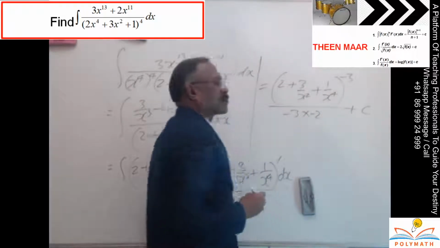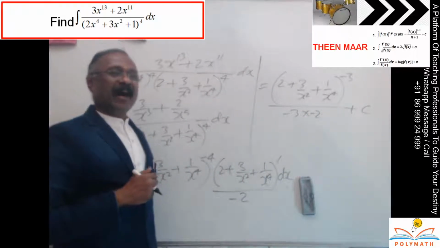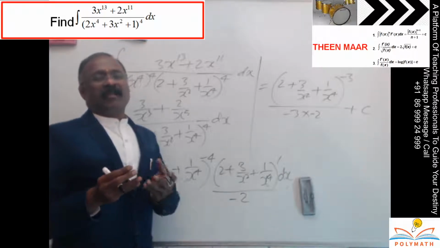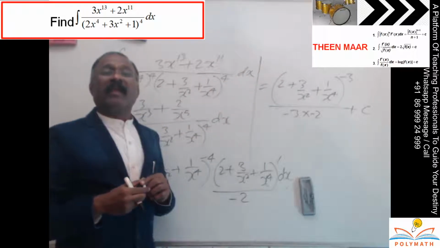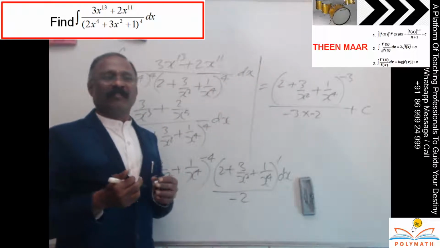Just check for the options now. In the options, it may be simplified like this by taking x power 4 as LCM. That's all the difference.